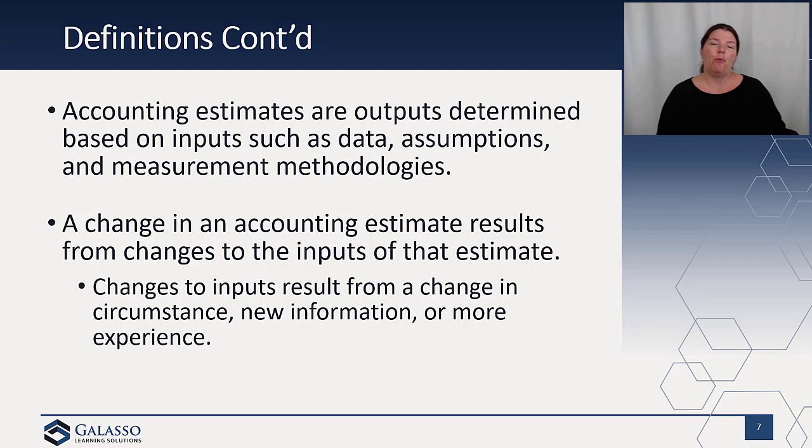So again, a little bit of a different perspective here, changes to inputs could be because we get new information or change in circumstance, or we know a little bit more, right? So the allowance for doubtful accounts gets better the more experience we have with a particular customer. So these accounting estimates get updated as we get better or new information.